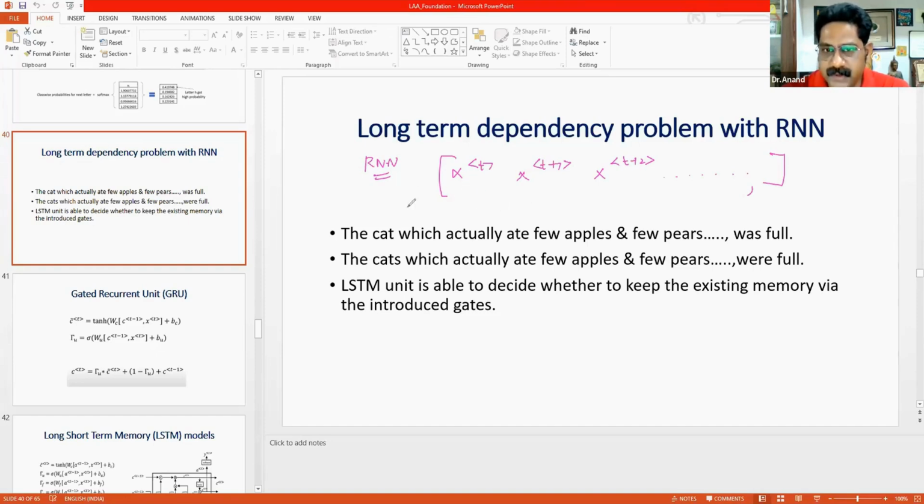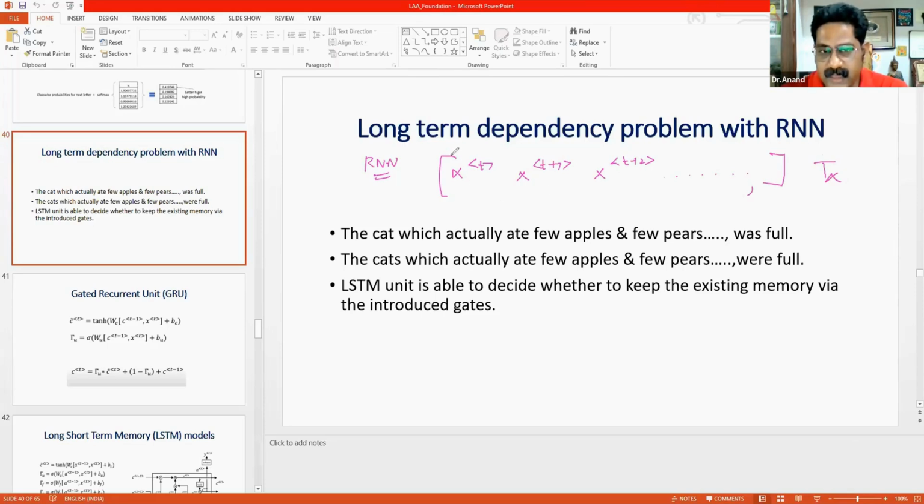Suppose in your corpus, when you generate so many input sequences, if one or two sentences do not maintain the same length of X, we pad the sequences with zeros.